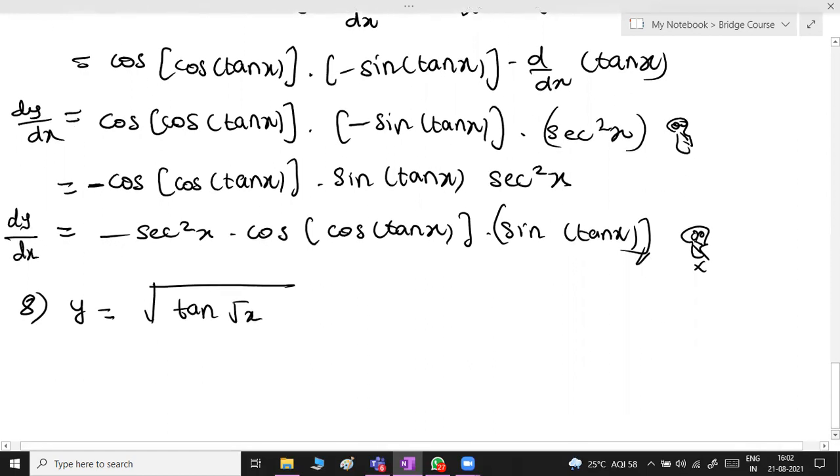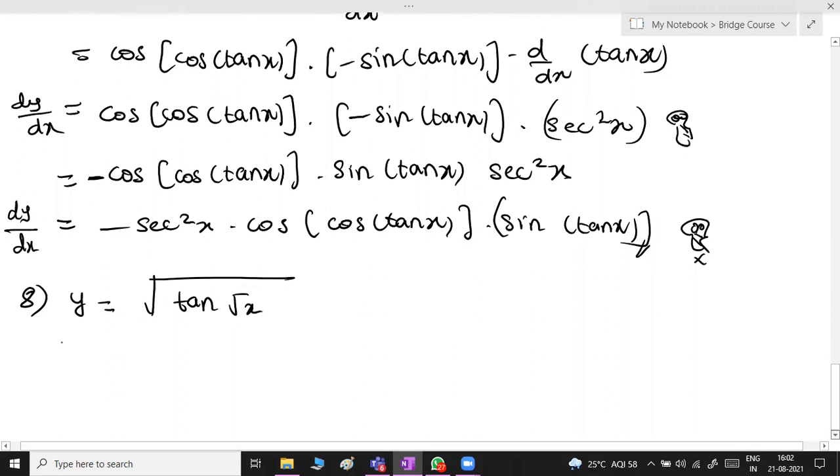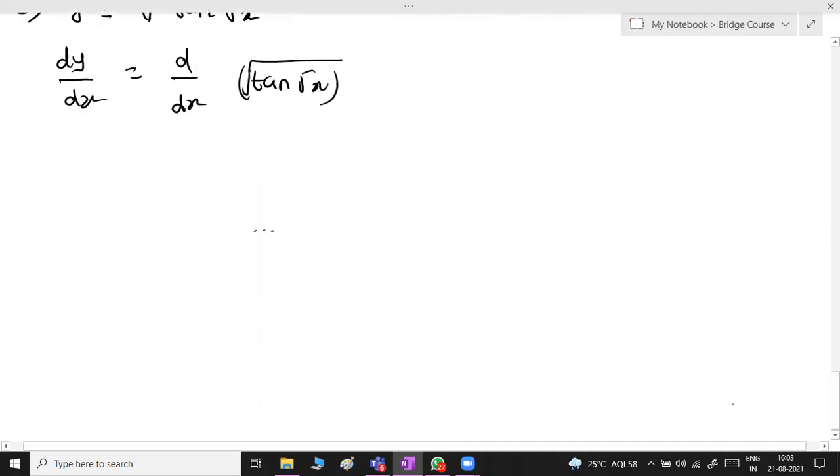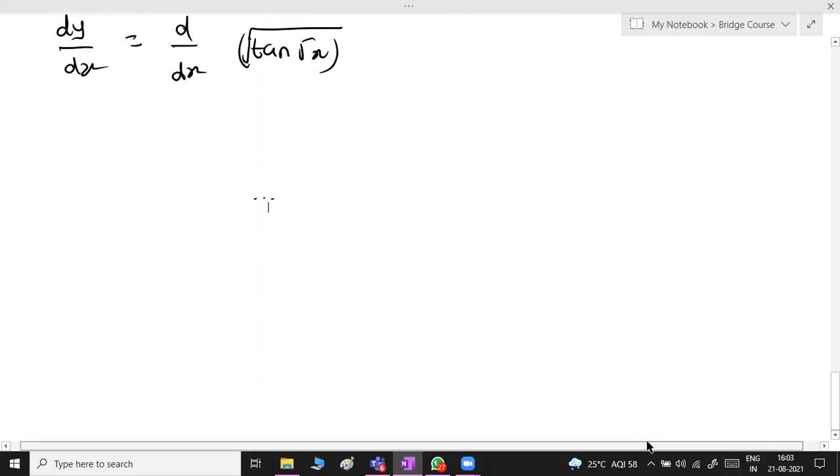So this is a very interesting question if you are very keen towards solving this. Okay, so dy by dx is equal to d by dx of root of tan root x. Is it right? Now it is right. Okay, root of tan root x. So let's go down a bit.